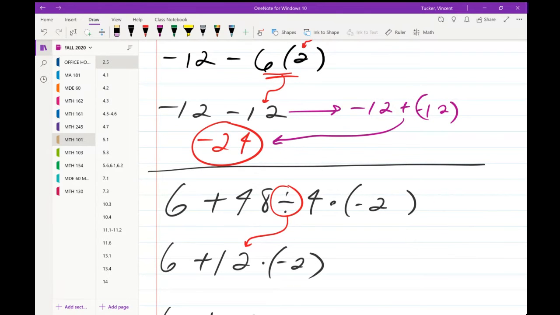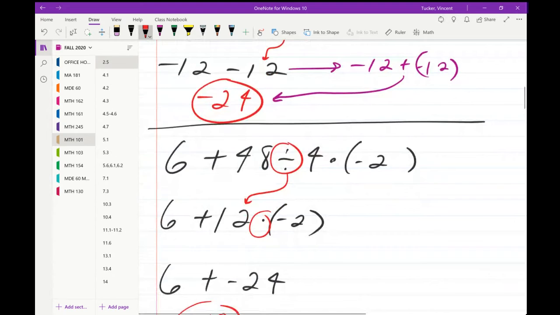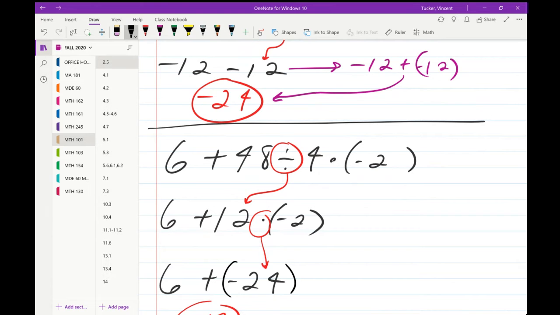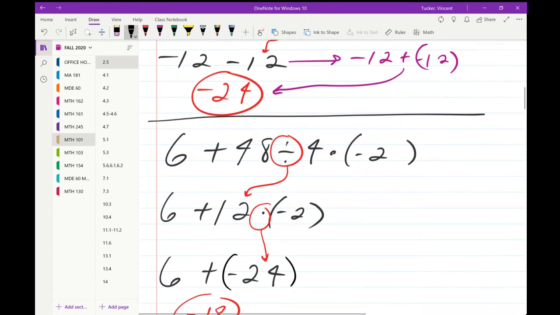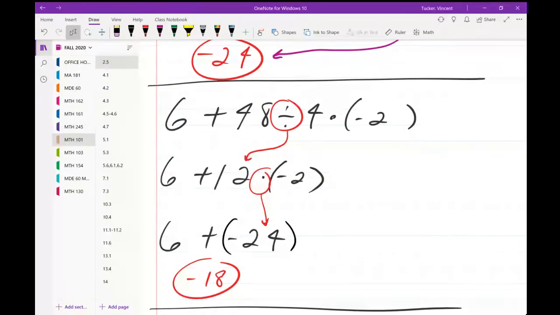So that's 6 plus 12 times negative 2. Then we'll do multiplication, 12 times negative 2, negative 24. And now add them together: 6 plus negative 24, which is negative 18.